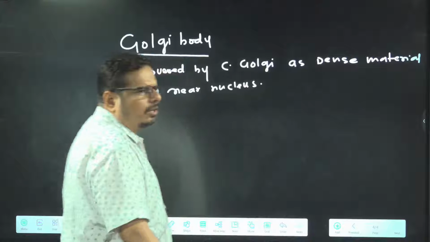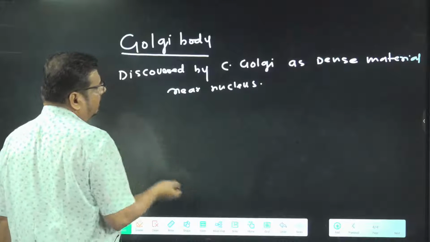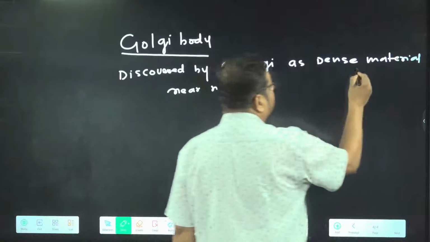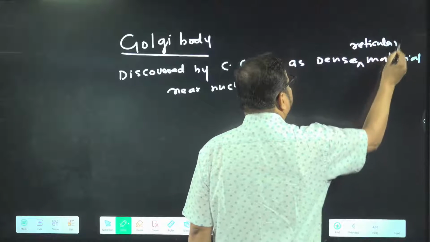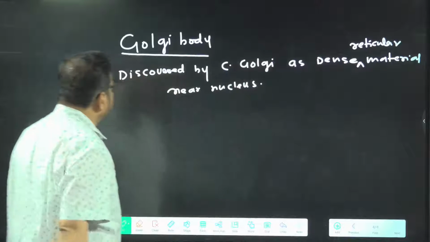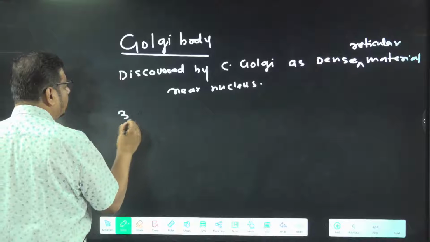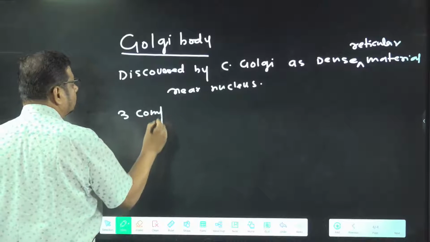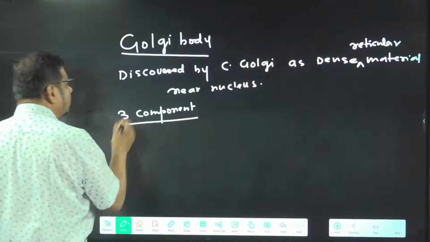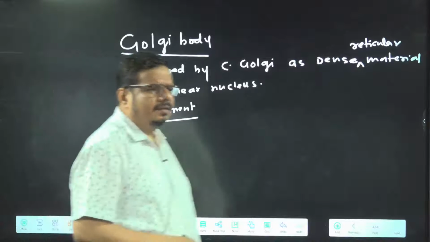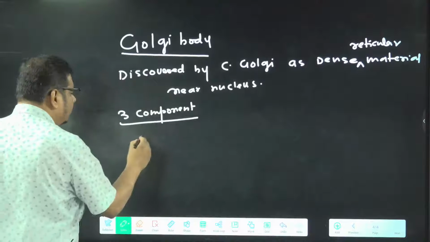So Camillo Golgi. So as a dense reticular material near which one? Nucleus, right? If you talk about Golgi body, it also has three components, because it evolved from ER. So like ER, it also has three components.